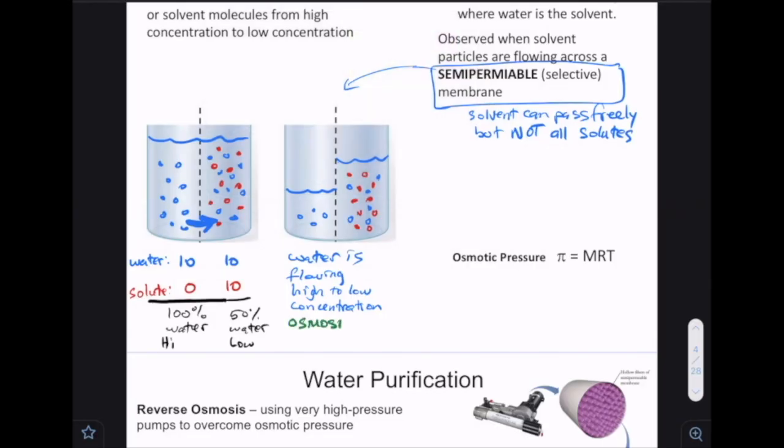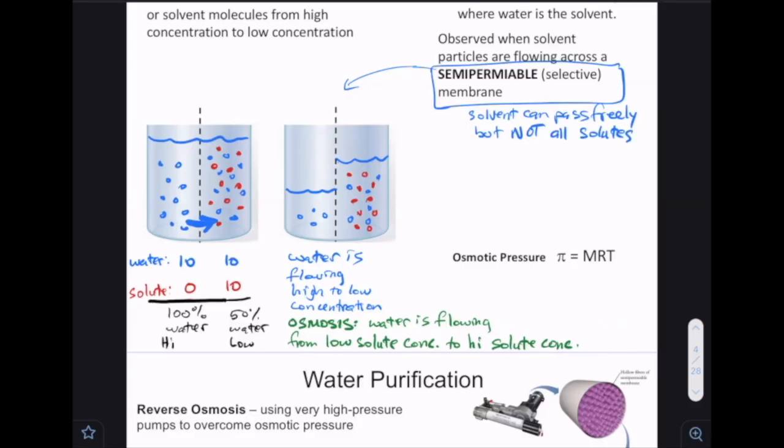If we're defining osmosis, here we have the water is flowing from an area of low solid concentration to high solid concentration. It's just the opposite. It's the same thing. We're just defining it relative to the solid, rather than relative to itself.